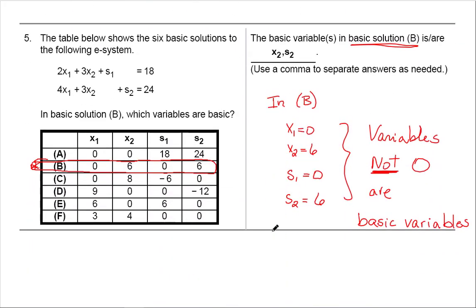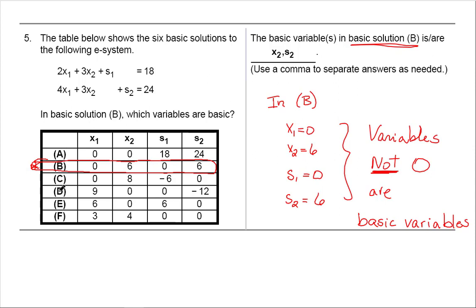All right, in question 5, they are giving us this system that has some slack variables. And they have all these different solutions to this particular problem. Now, we're looking at basic solution B. So here's B. So don't get confused.